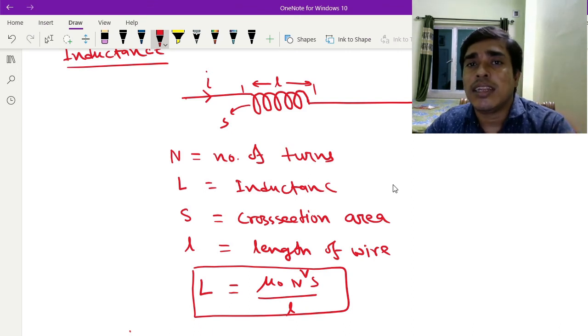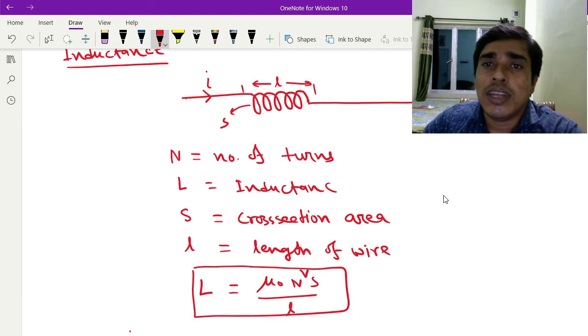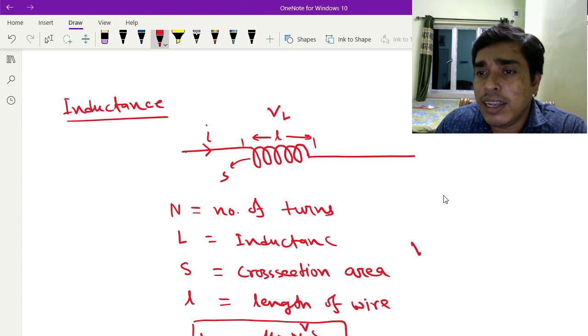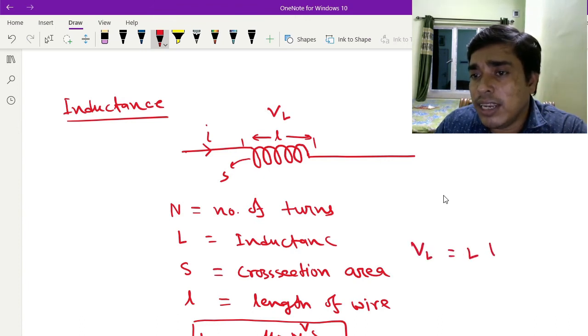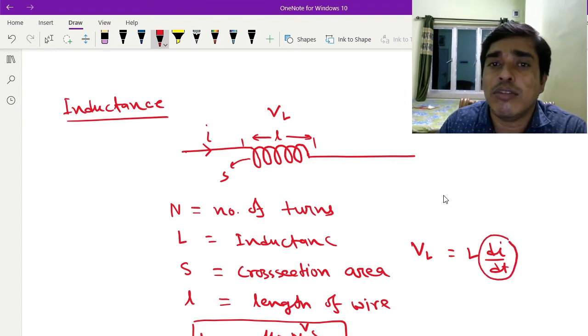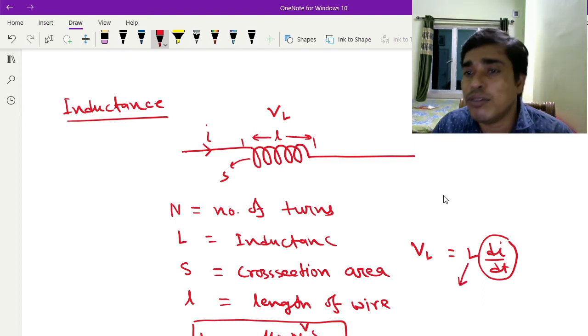It only arises at the switching on and switching off of the current, because the voltage across it is VL equals L di dt. If there is no change in current through the wire, then the opposite voltage that arises in the wire is 0, so the inductance effect will be 0.